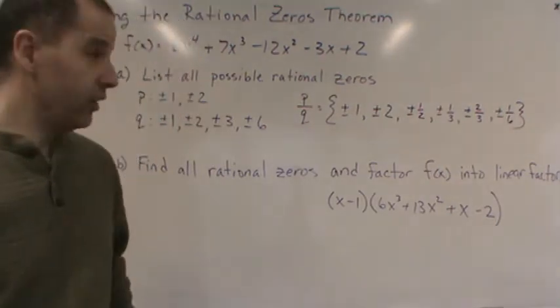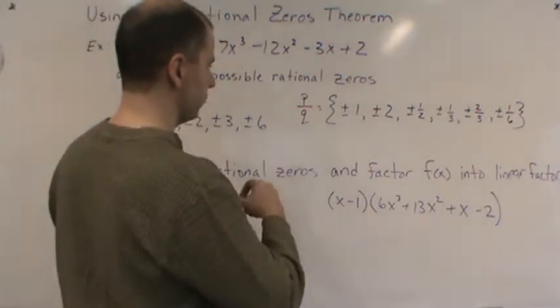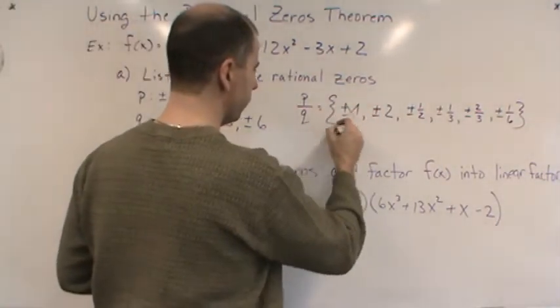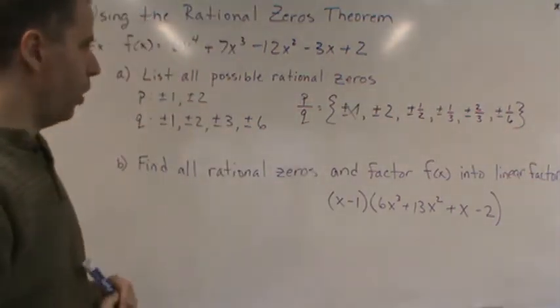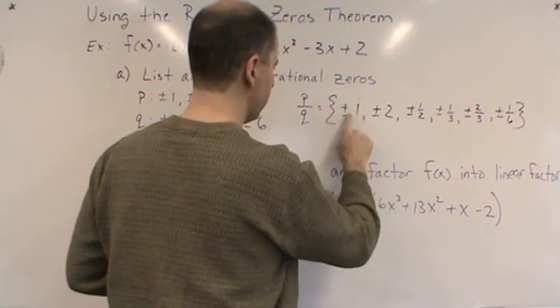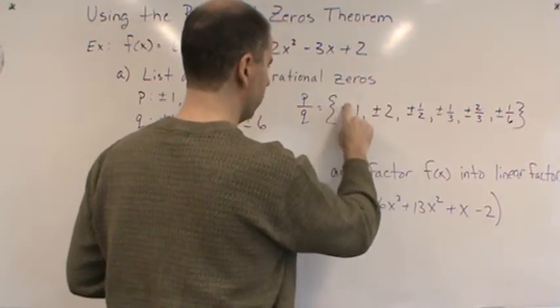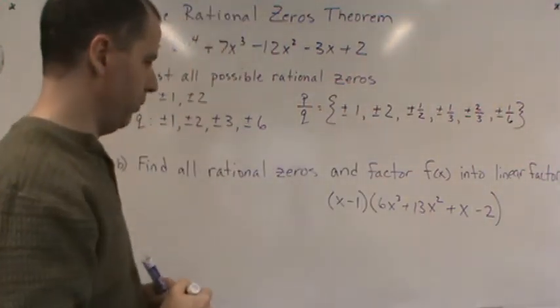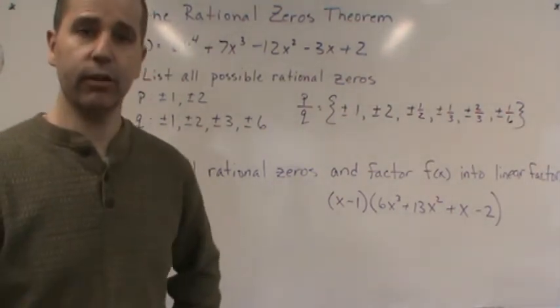Okay, let's try negative 1. Sorry, we just did positive 1. Let's do negative 1. Negative 1 might work. Well, how do we test for negative 1? Here's another shortcut.